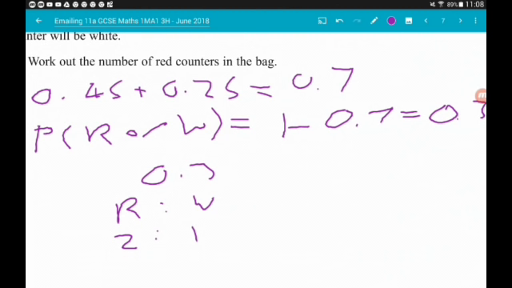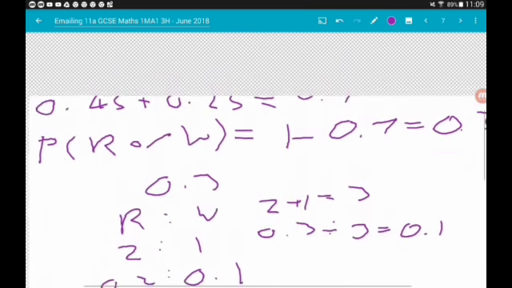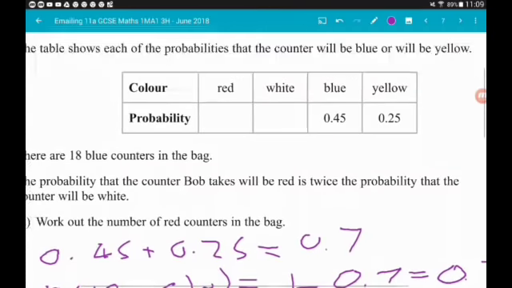So if we add 2 plus 1, we get 3. Divide 0.3 by 3, and we get 0.1. Multiply that by each part of the ratio, and we get 0.2 to 0.1. So now we know the probabilities of getting a red and a white.